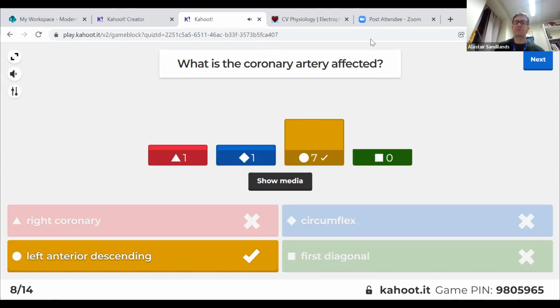Yeah, well done. Okay, so let's have a look at that ECG again. So it's definitely the left anterior descending on an anterolateral.